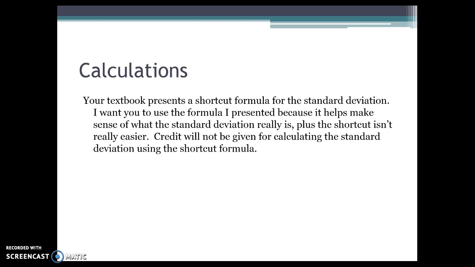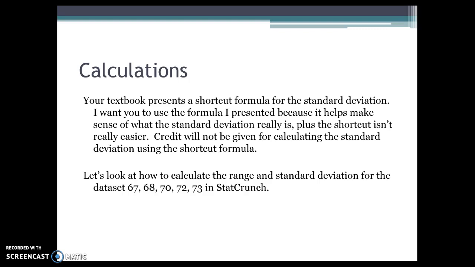And besides, I think doing the formula the way we've talked about it helps make sense of what the standard deviation really is, where it's basically the mean distance of the observations away from the middle. All right, so I'm going to insist that you use what they call the definitional formula and not the shortcut formula.